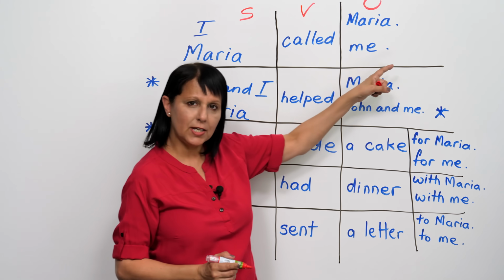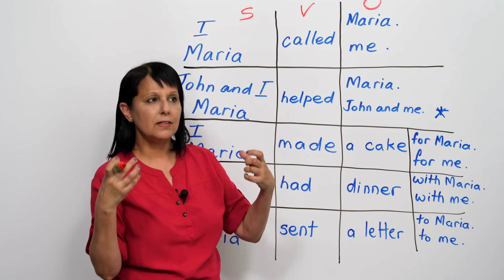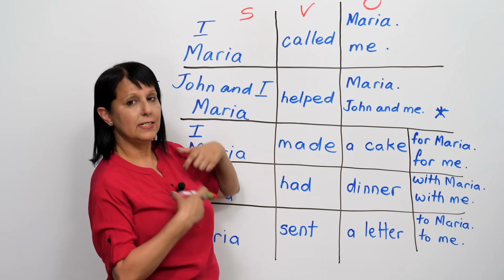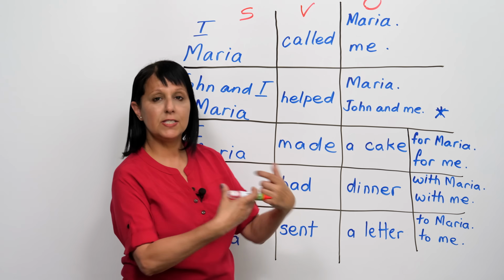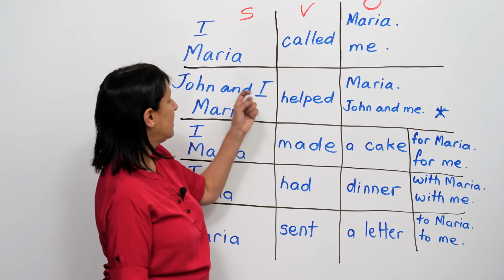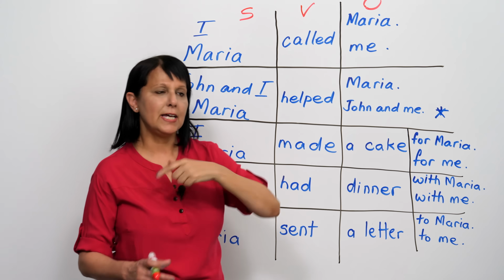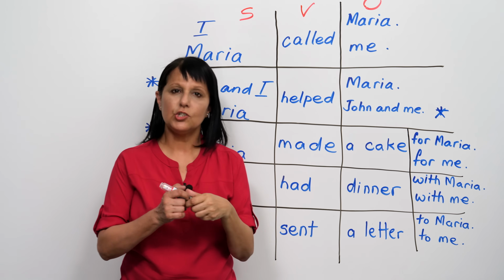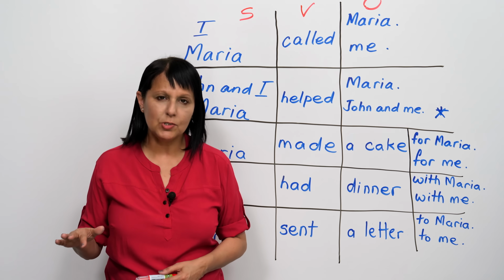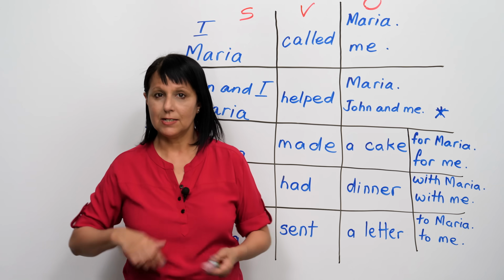Now, the object in English grammar is the word that receives the action. Okay? I did the action. Maria received the action because she received my call. Okay? So subject, verb, object. It's sometimes called SVO, and English is known as an SVO language. Not all languages are like this. Your language may not be like this, which is why you might be getting confused.